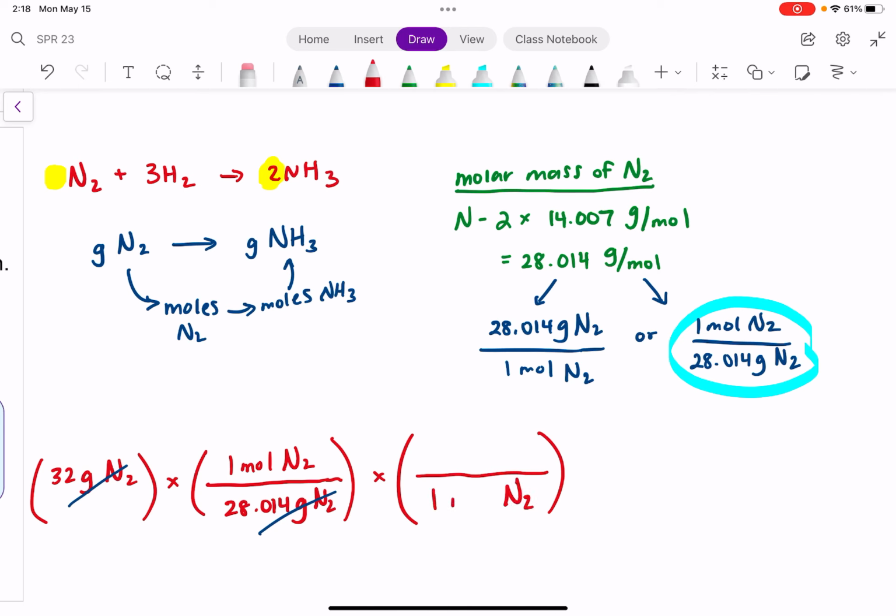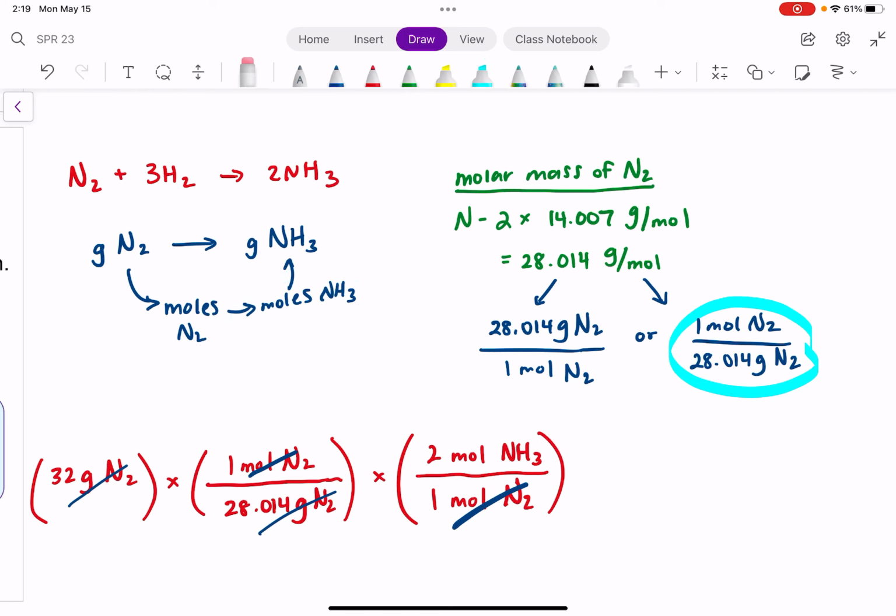So we have 1 mole of N2 producing 2 moles of NH3. Now we can cancel those moles of N2, and we're left with moles of NH3, which is exactly where we want to be for our second step.